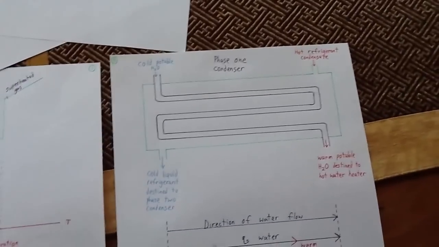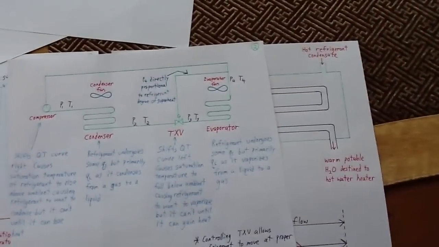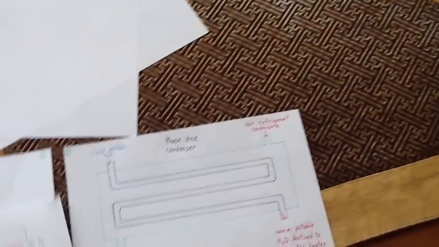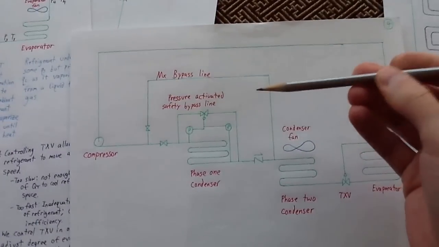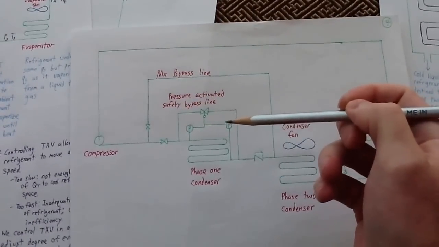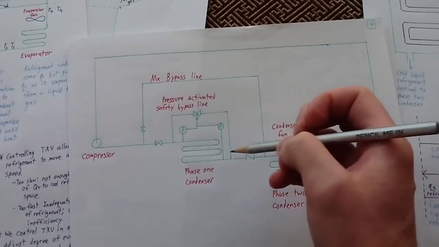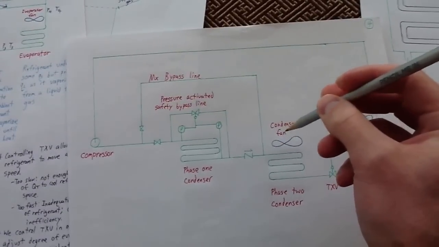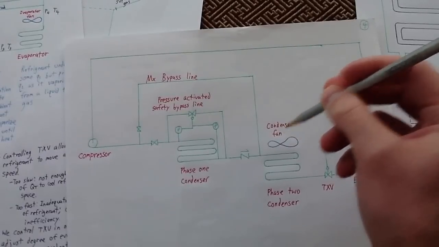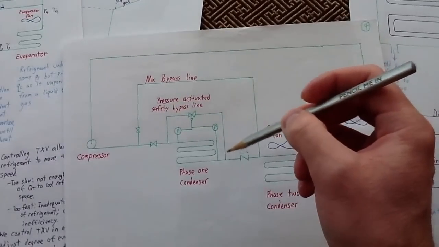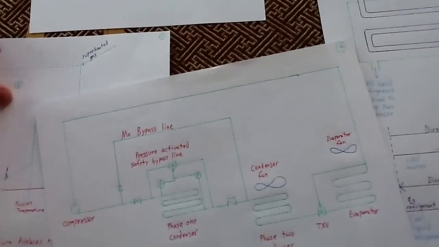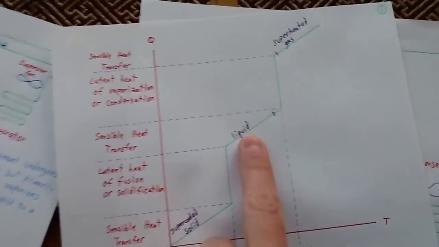Okay, so like I said, there are 3 different ways that this is going to increase the efficiency. The first way is, let me find my drawing, sorry about that. The first way that it's going to increase the efficiency is that because you've decreased the temperature of the condensate to a much lower temperature than you would through a conventional air-powered condenser, it's going to result in a lower temperature of liquid refrigerant.